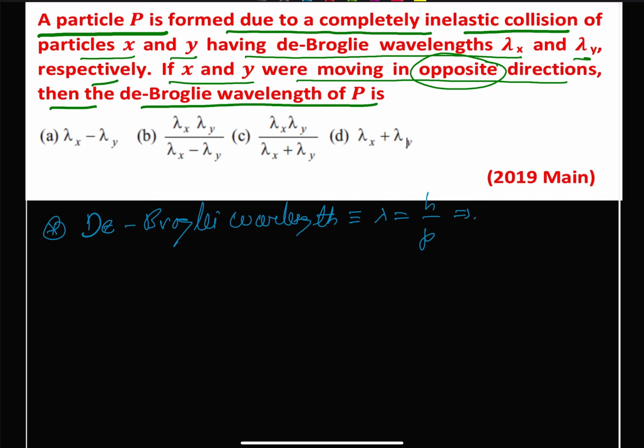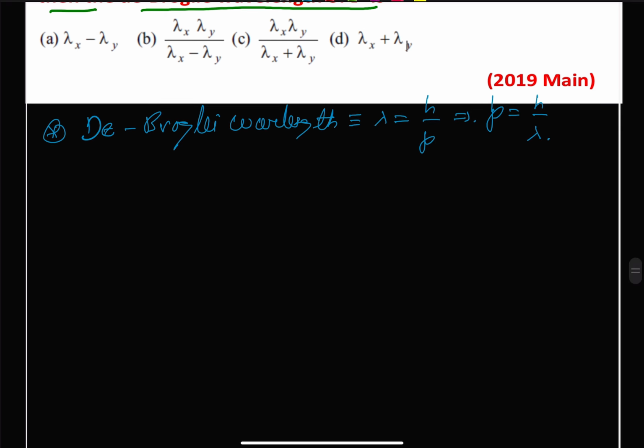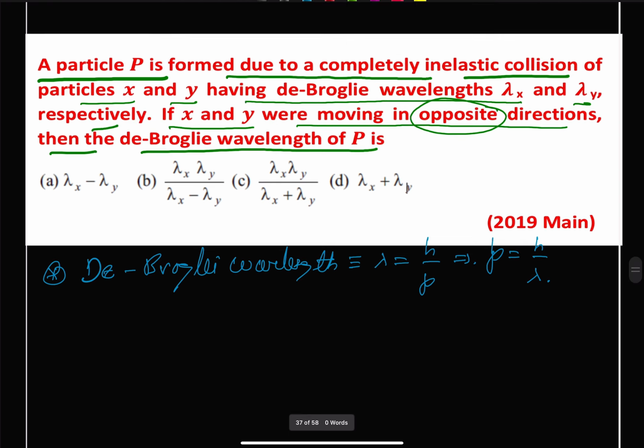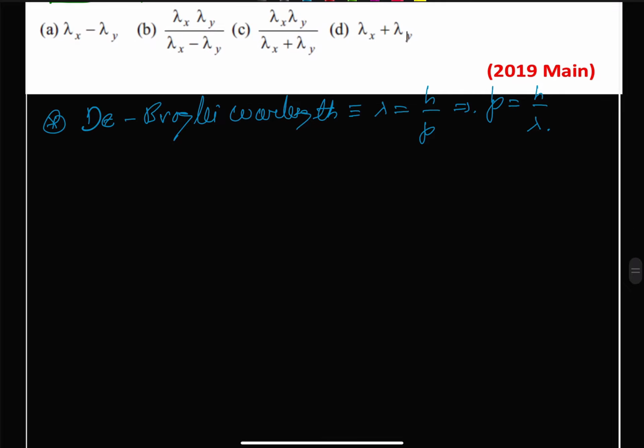So from here we can say our momentum p is equal to h upon lambda. So we have our two particles. Based on this we can say momentum of x is equal to h upon lambda x, and momentum of y is equal to h upon lambda y.